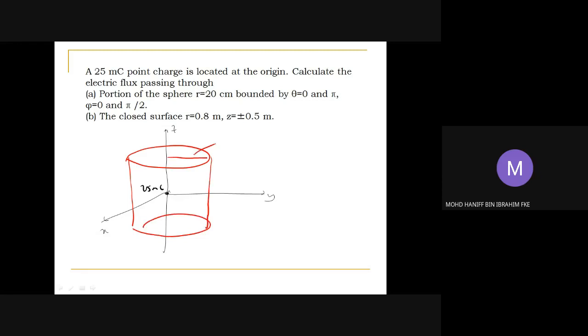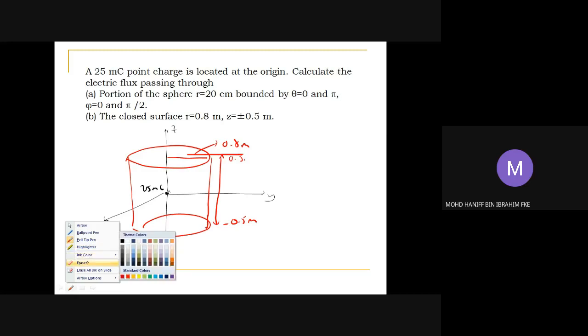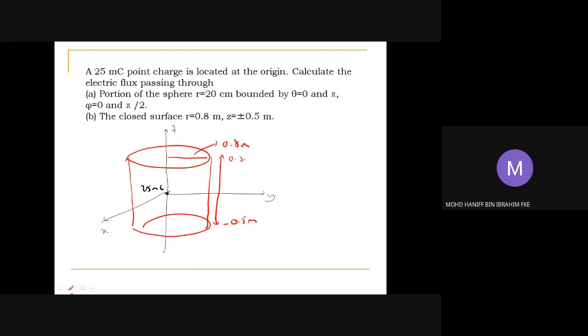That should be a 0.8 meter radius, and the height is from negative 0.5 meter to 0.5 meter. Sorry, the drawing is not to scale, but hopefully you can understand this clearly.